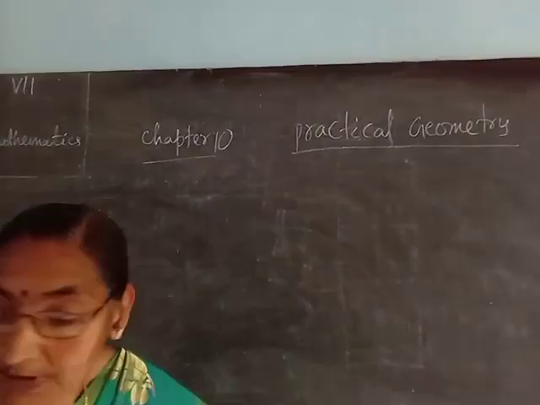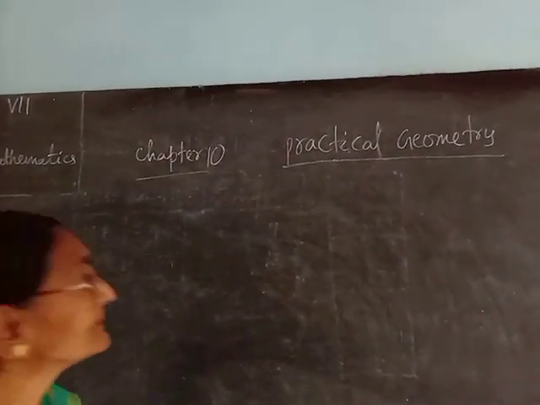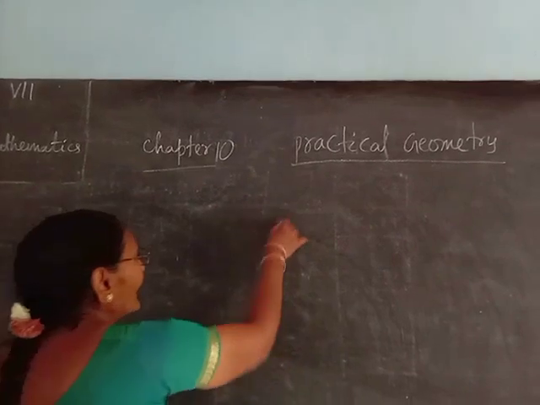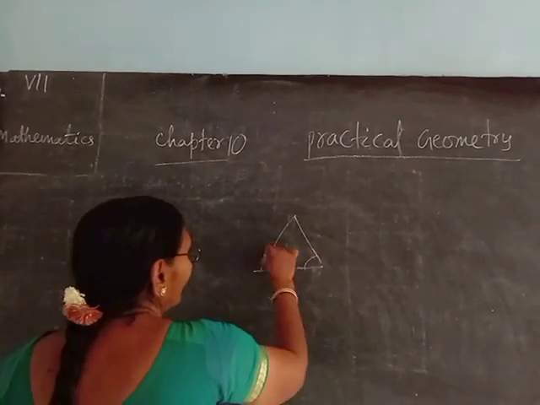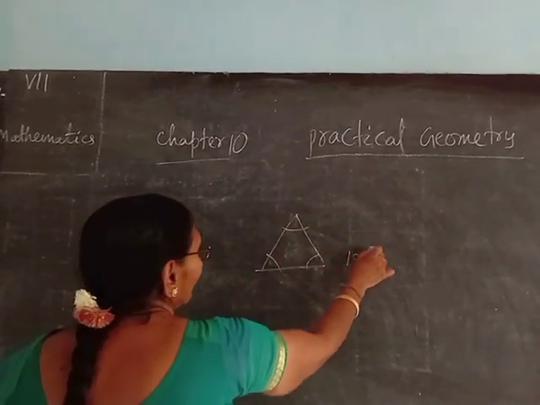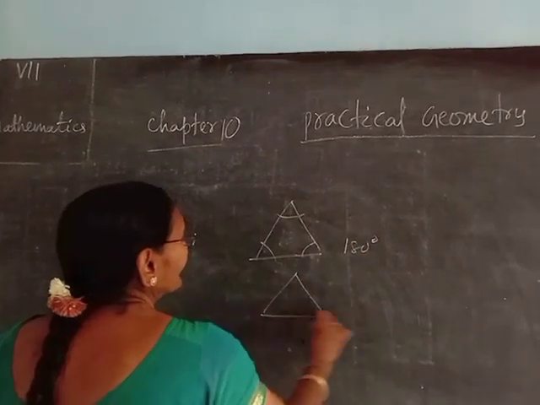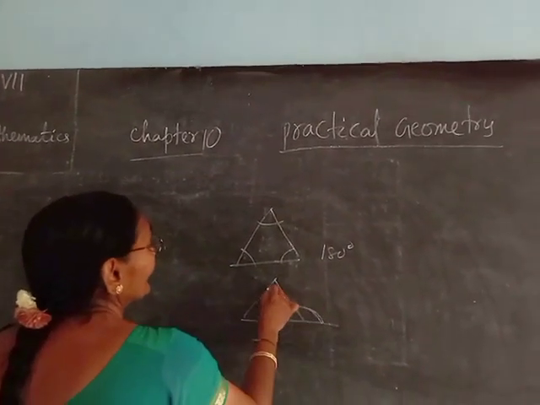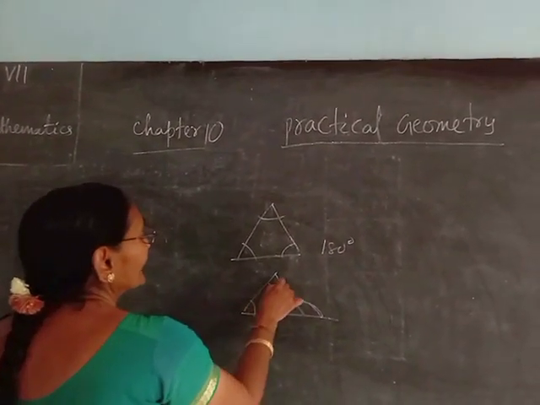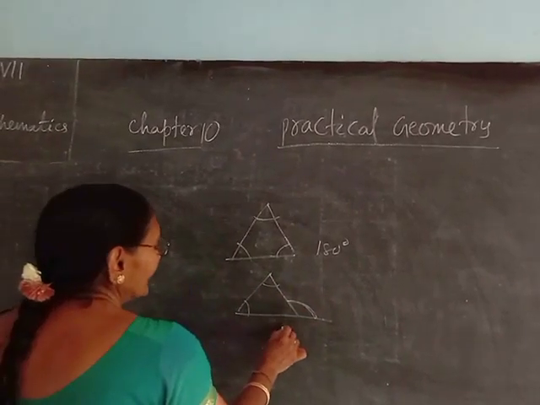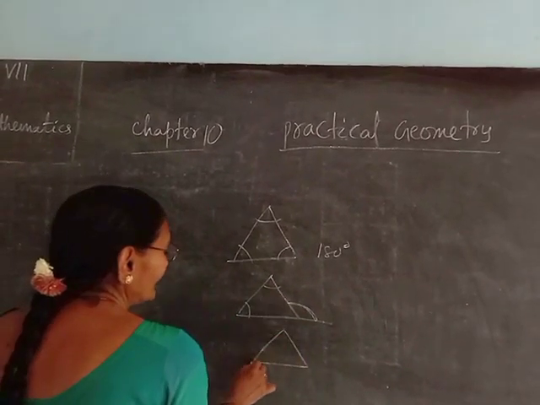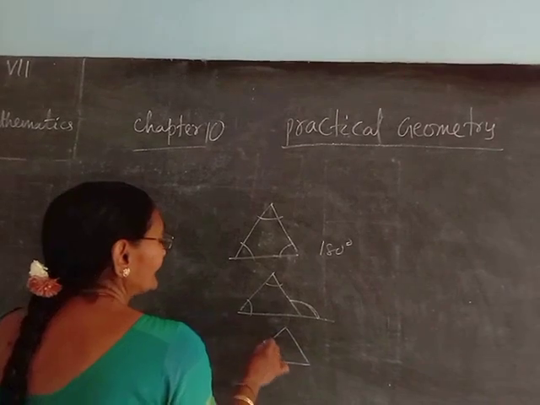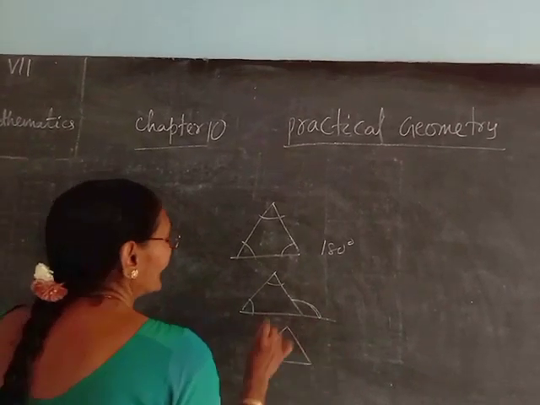Then, the sum of the three angles of a triangle is 180 degrees, and another is that the exterior angle is equal to the sum of the interior opposite angles. Then the sum of any two sides is greater than the third side.